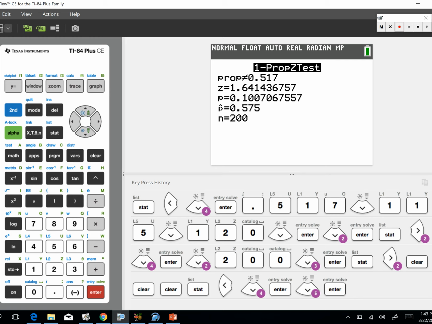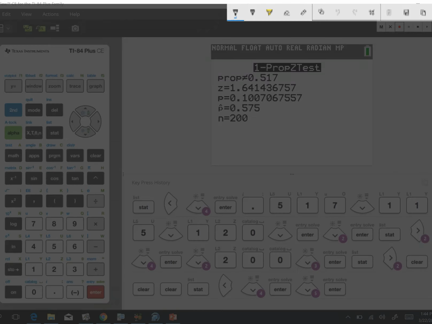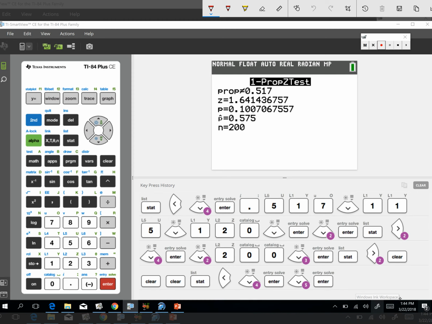Now, what this will give you, I just want to make sure I emphasize this. The z that's given to you by the calculator, that's your test value. That is not your critical value. The p-value that you're given, and I want to make sure, because I know we're dealing with p as our variable, so let me just label up here for you. This right here, this is p as in our population proportion.